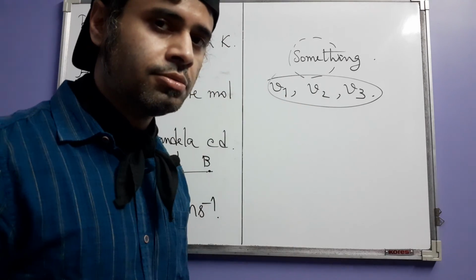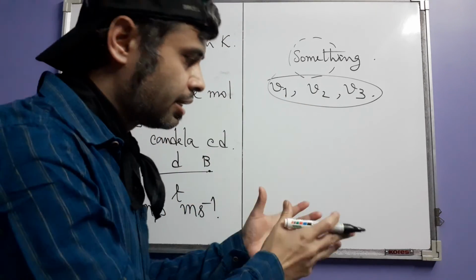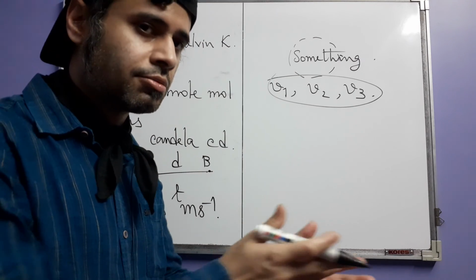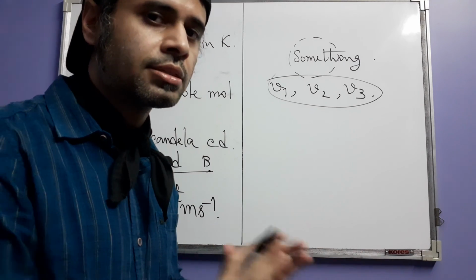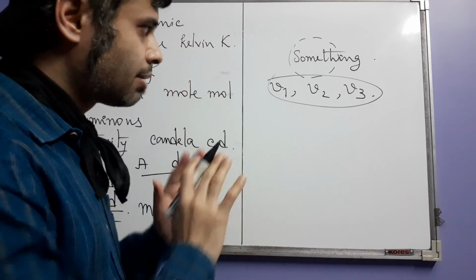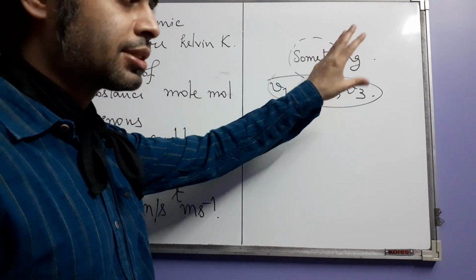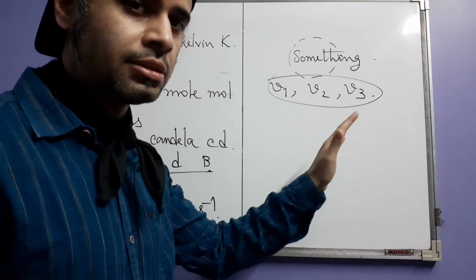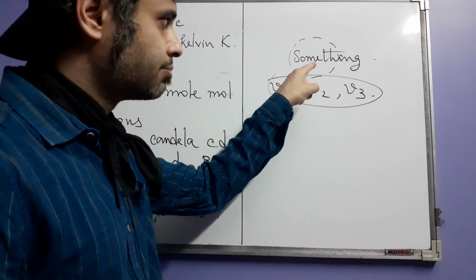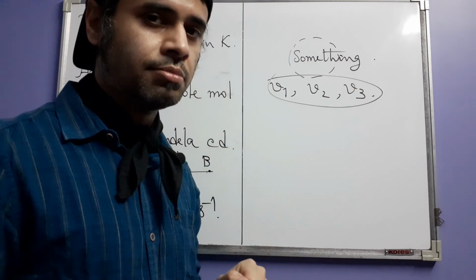So what do you do? You set up an experiment, like what you do in physics laboratories. You set up an experiment which you believe will help you study that phenomenon, that something which involves these variables.